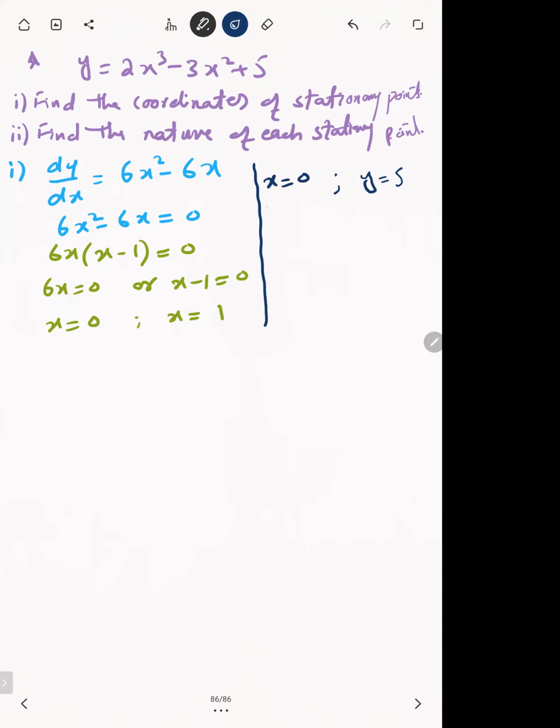And if you put x is equal to 1 in the original equation, 2 minus 3 is minus 1, plus 5 is 4. y is 4. So the part 1, to find the coordinates of stationary points. The coordinates of stationary points are (0, 5) and (1, 4).